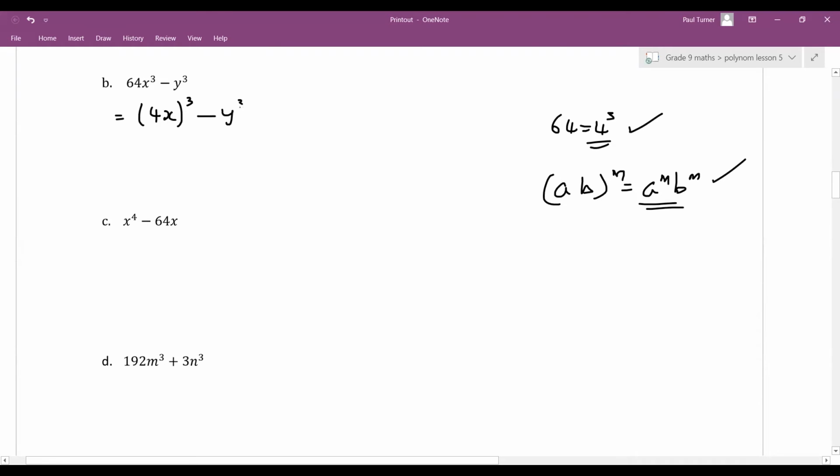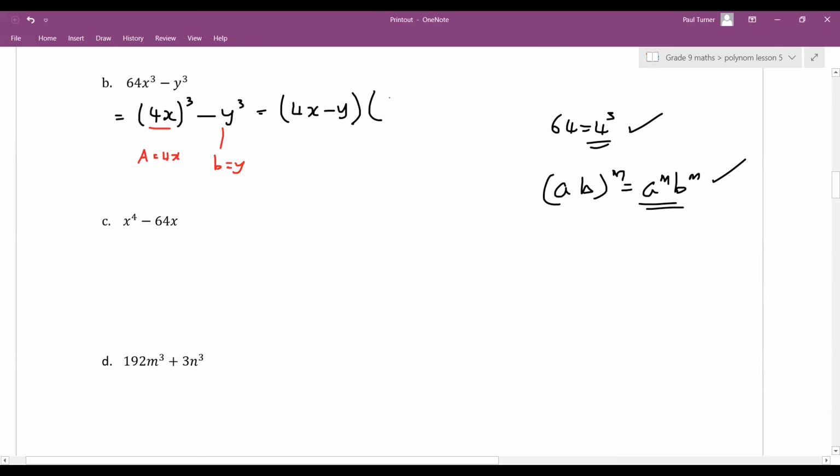Minus y cubed. So you can see here, the A is 4x and the B is y from the formula. So we would write that as A cubed minus B cubed is A minus B. And so this is the same, and then we go to positive, opposite sign.